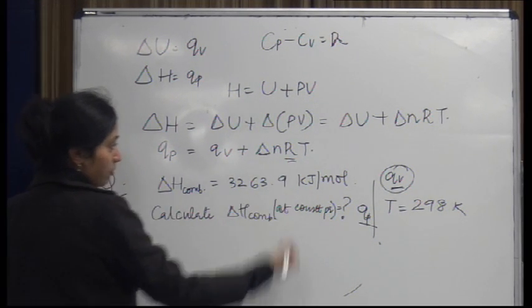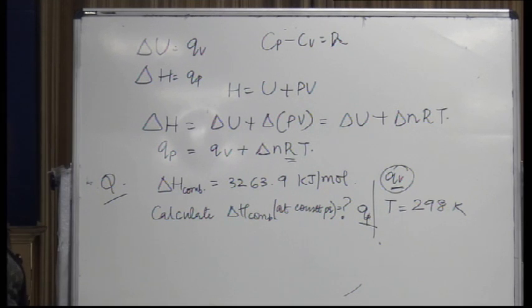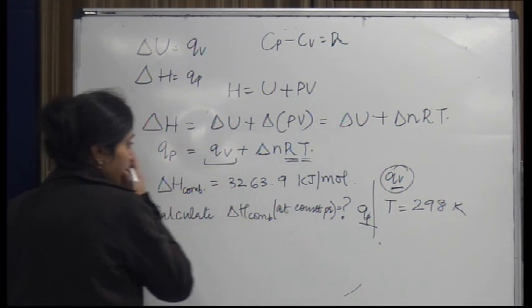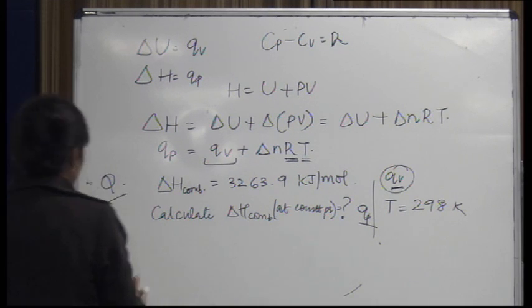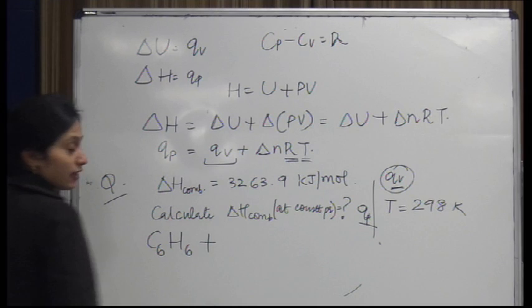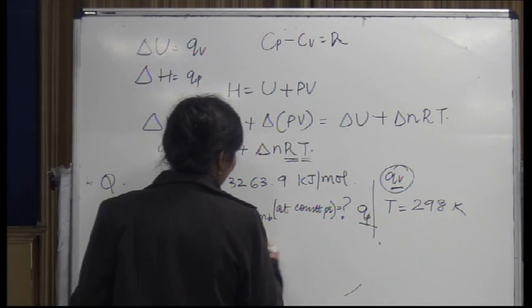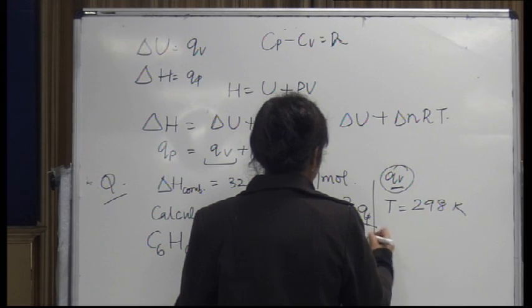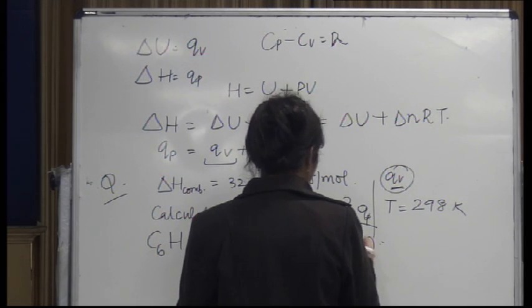The value of R you know, that is 8.314. T you know, 298. Delta N you have to find first, because you are given only QV. You know R, you are given temperature. Delta N, how will you find out? You are given the enthalpy of combustion of benzene. So benzene plus O2 will give you CO2 plus H2O. So quickly balance the reaction such that only 1 mole is burnt.